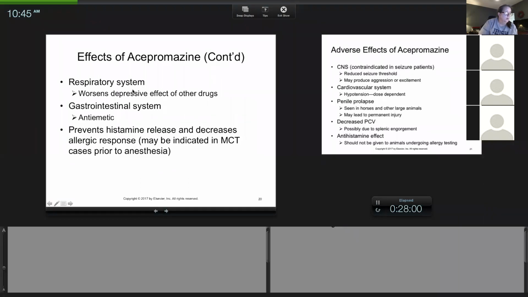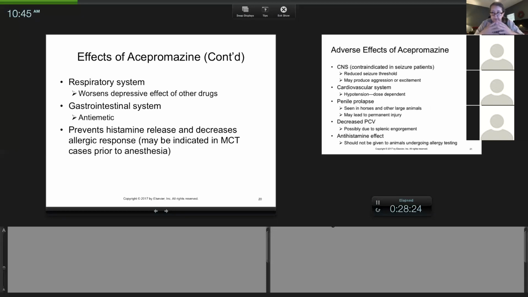Now, the respiratory system, remember, anytime you sedate an animal, they're going to be respiratory depressed. Anytime you give them an anesthetic, they're going to be respiratory depressed. Whenever you give ACE with morphine or ACE with butorphanol or ACE with another drug, it's usually going to worsen the depressive effects of the drugs. They potentiate each other.